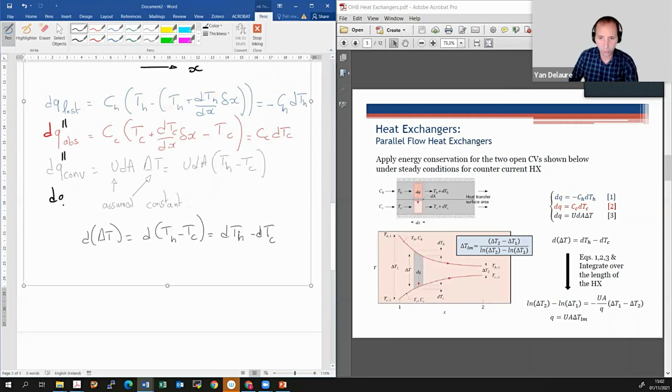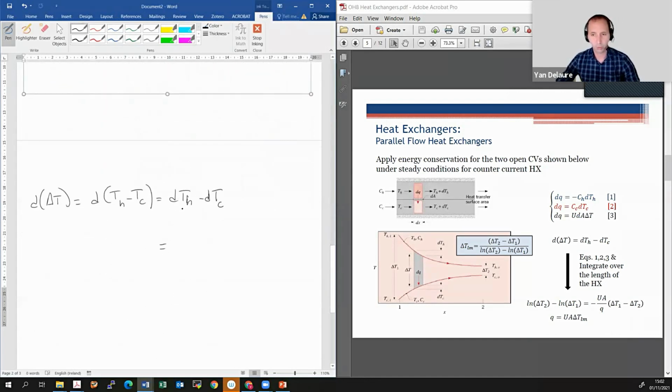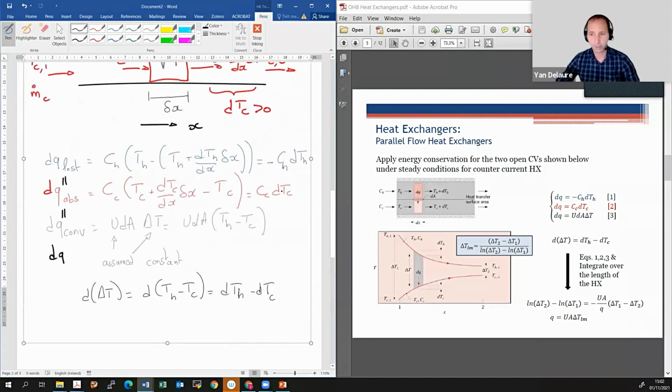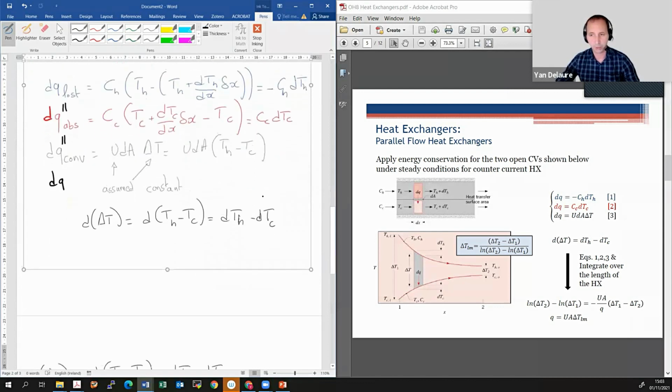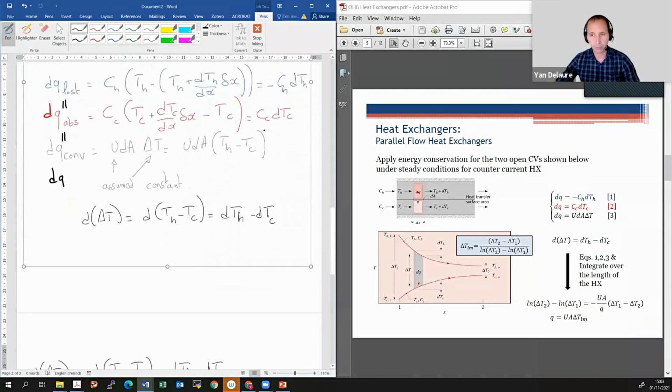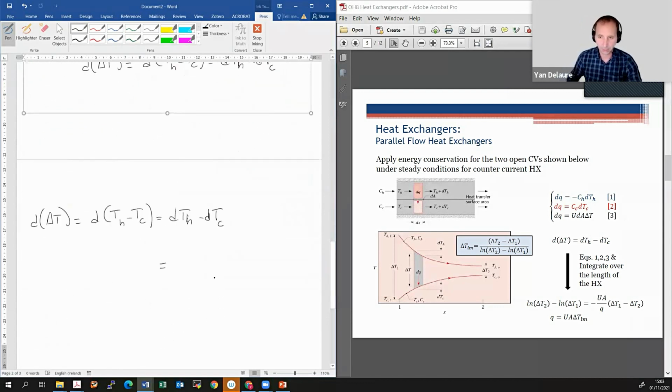These three Qs are the same. Let's just call them dQ. So we're going to simply recognize that dT_H is dQ divided by minus C_H, and dT_C is dQ divided by plus C_C.